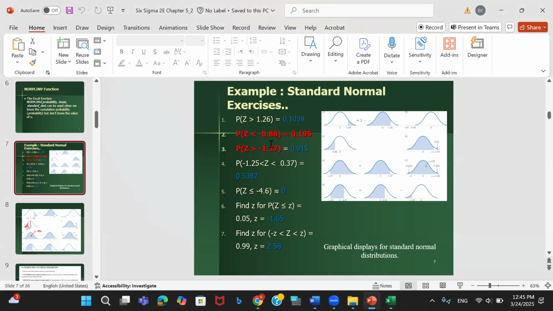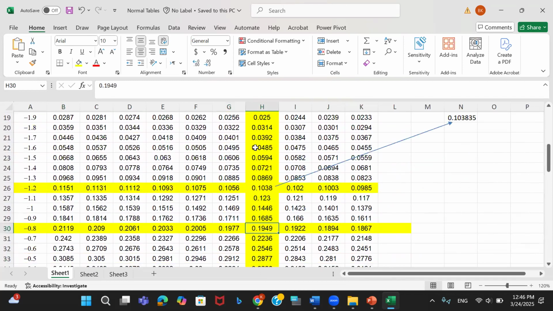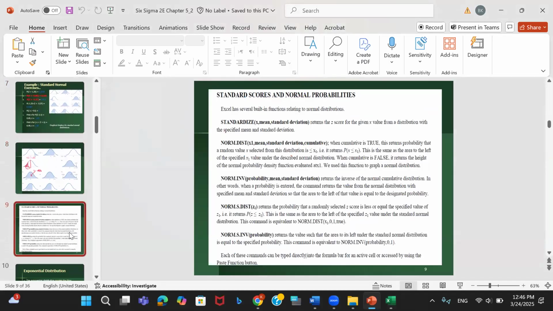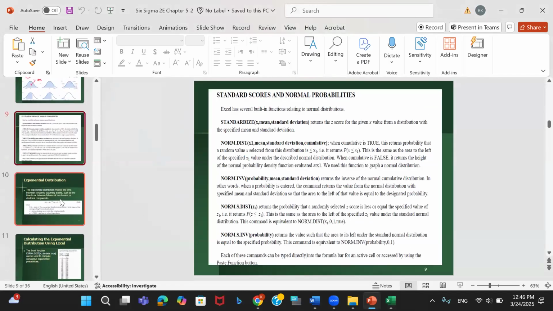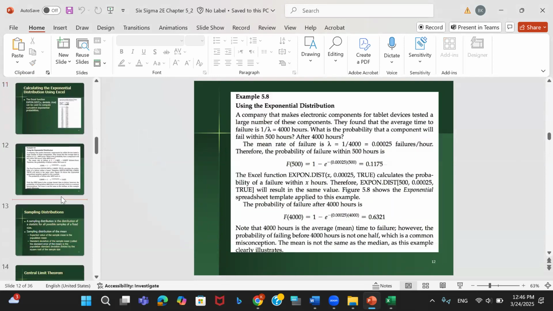Again, 0.86. This is 0.8. I look at the 6. So this is the target value that I'm looking for, which is 0.1949, which is 0.195. Okay. You need to practice that. This is from chapter 5.